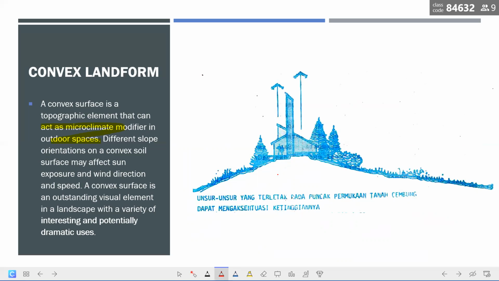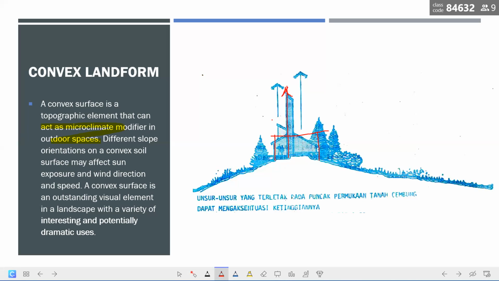So rather than introducing a flat roof or a relatively flat surface like so, you can exaggerate your building's height by introducing more vertical elements to it.